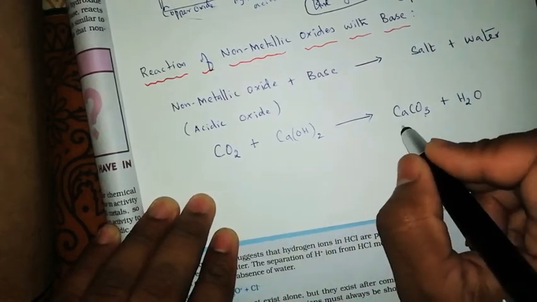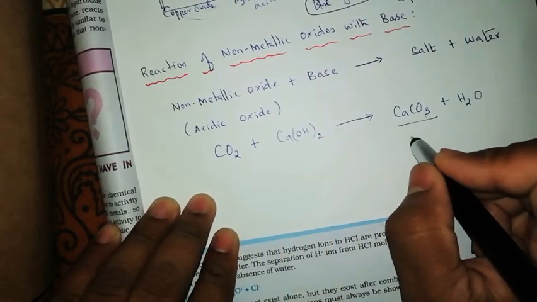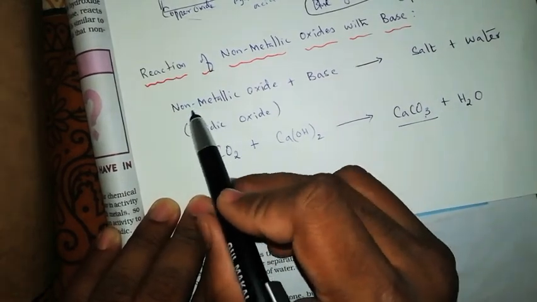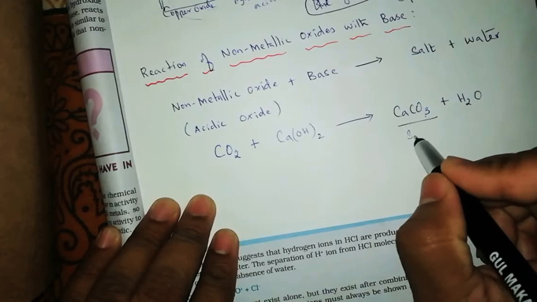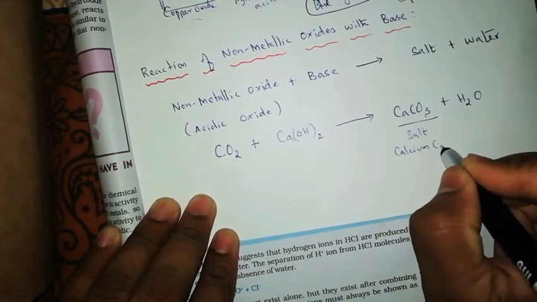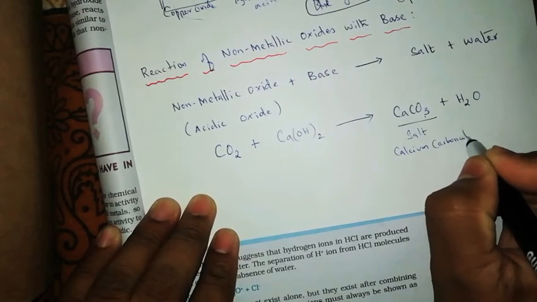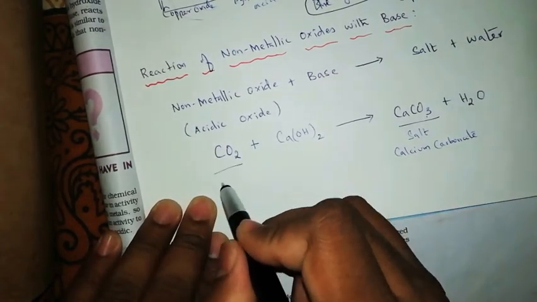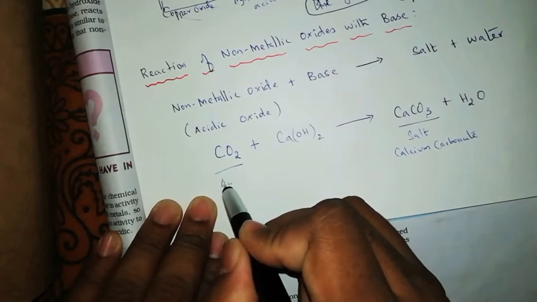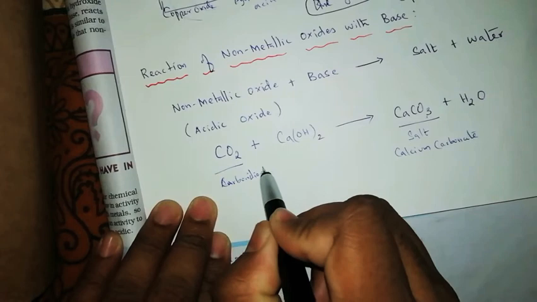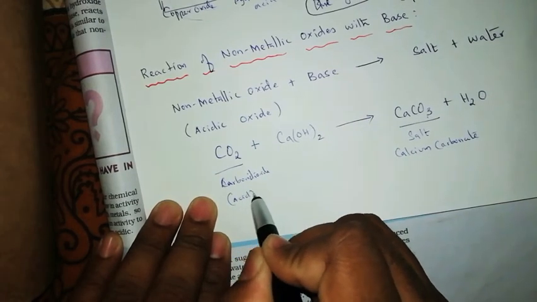Always you should know that the salt which is formed here is calcium carbonate. And this non-metallic oxide, always know that it is acidic in nature. Carbon dioxide is acidic in nature.